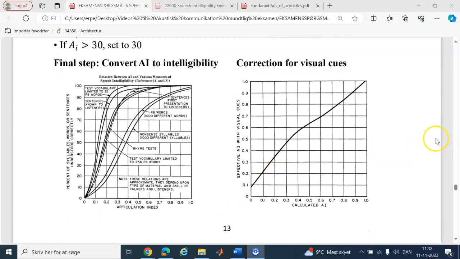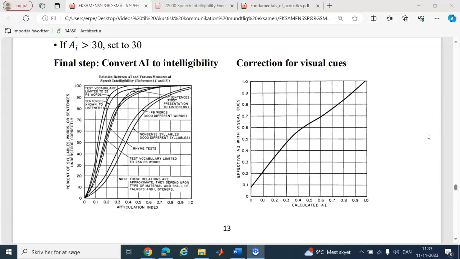So, correction from visual cues: you have calculated AI from 0 to 1 on the first axis, and on the second axis the effective AI with visual cues. So it's increasing.